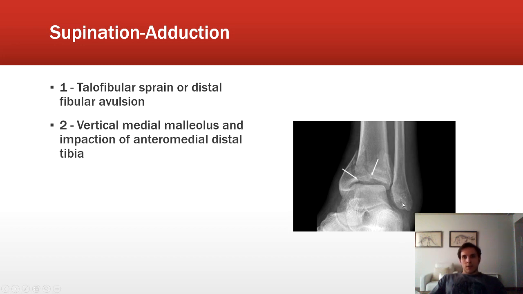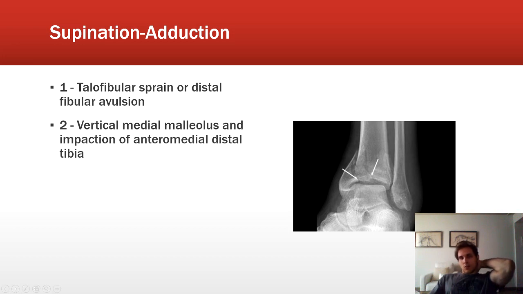So in this image, this is the best image I could find that was open source of a supination adduction injury. You're not really seeing a distal fibular avulsion. If you were, you'd see like a transverse fracture line right around here below the level of the syndesmosis. Supination adduction injuries are Danis-Weber A infrasyndesmotic traditionally.